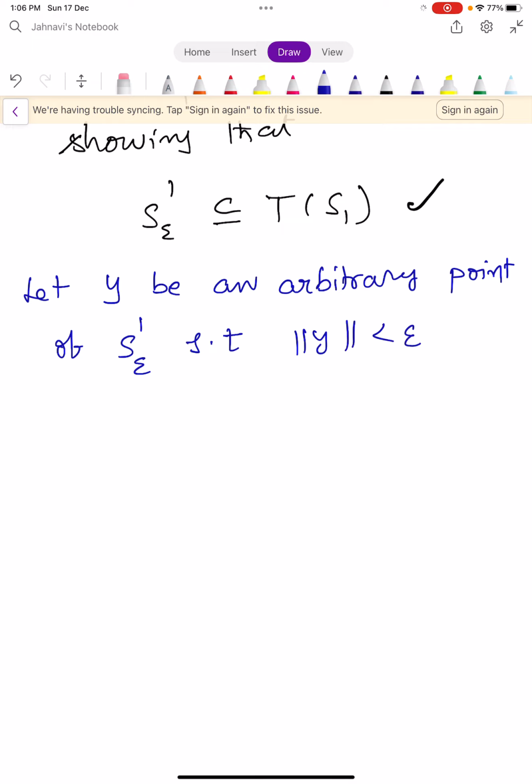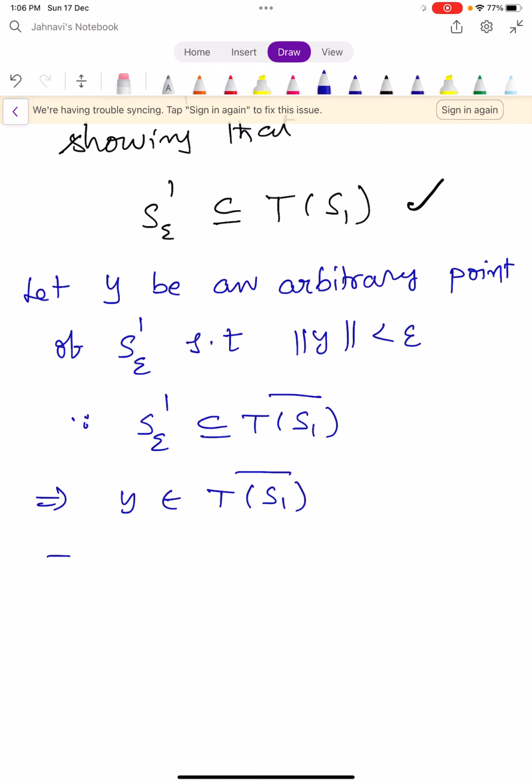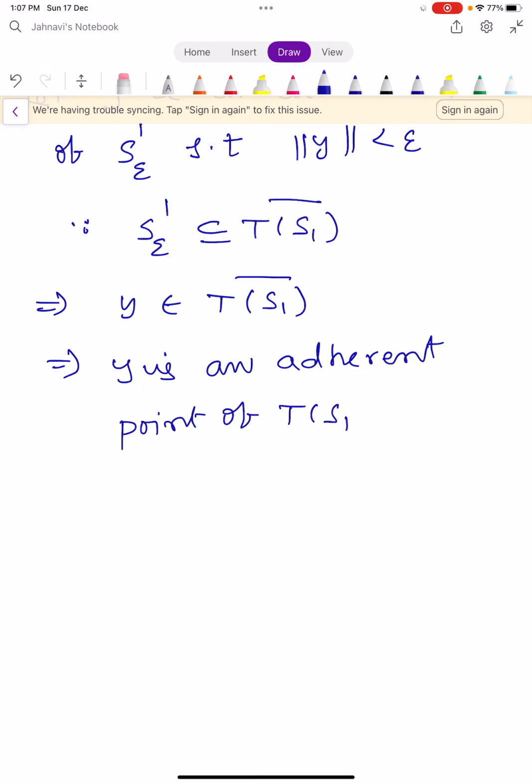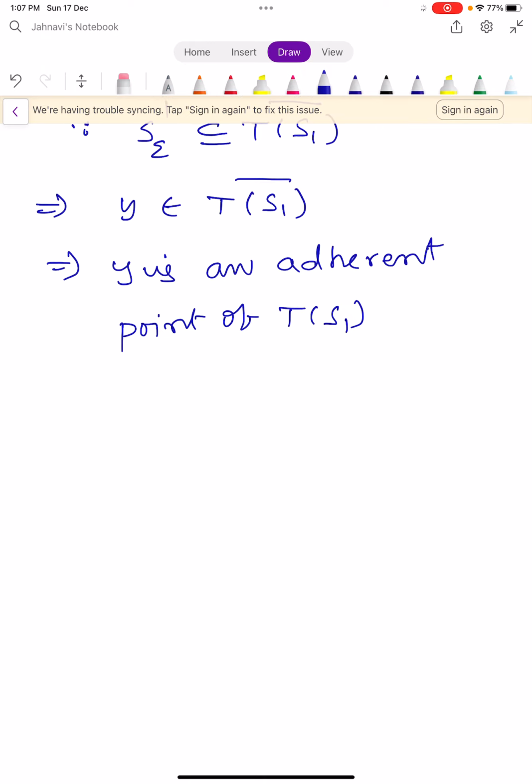Since S epsilon dash is a subset of T of S1 bar, y belongs to T of S1 bar. Y belongs to T of S1 bar means y is an adherent point of T of S1. Don't confuse, adherent means limit point of T of S1.